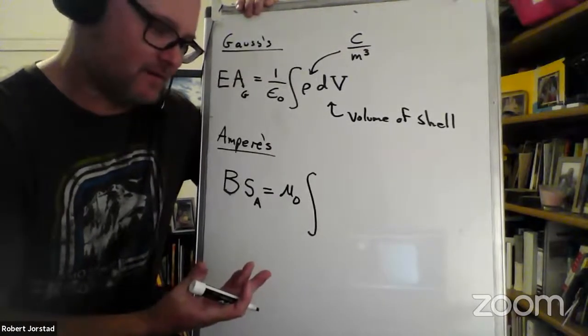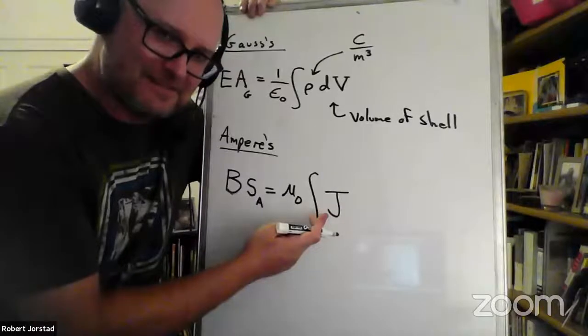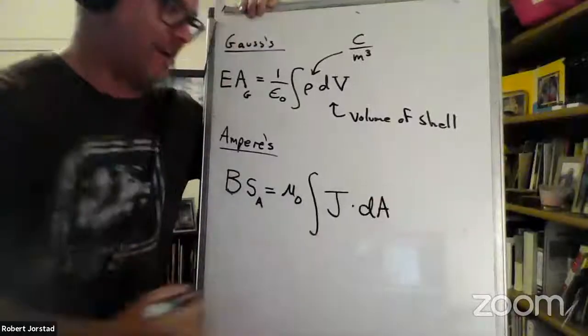What symbol? Rho. That's supposed to be a J. Never mind. J, current density? Yeah, we barely touched on that. I know, we did 1 day on it, right?